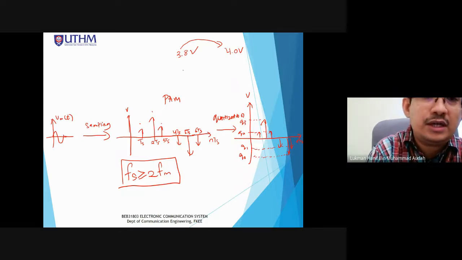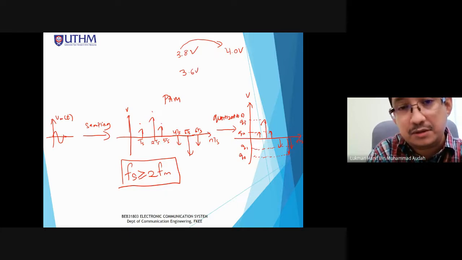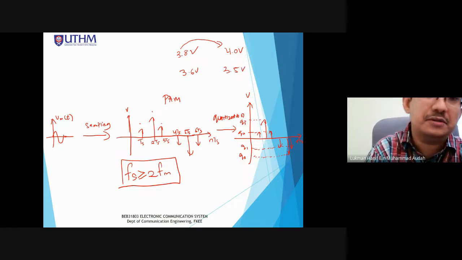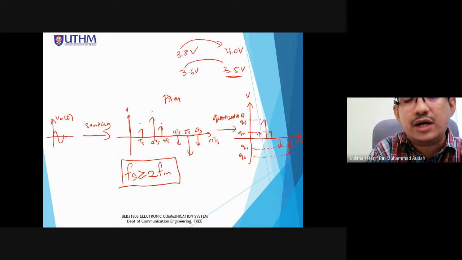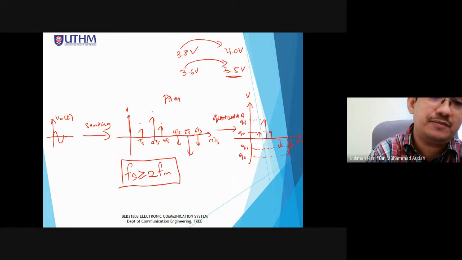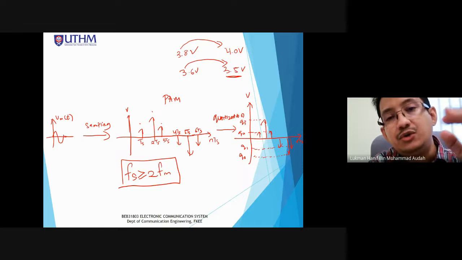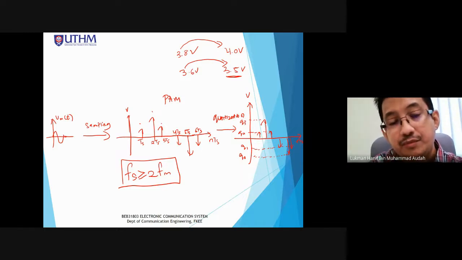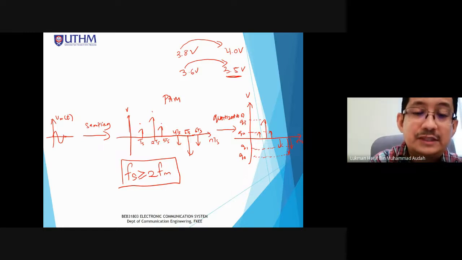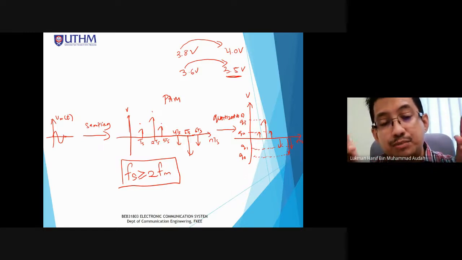Ataupun saya punya sampel adalah 3.6 volt, for example, and the nearest quantized level is 3.5 volt. So I need to round it to 3.5. So rounding up doesn't mean you increase. You can also decrease the sample value. Nampak? So ini adalah proses rounding up ataupun pembundaran.